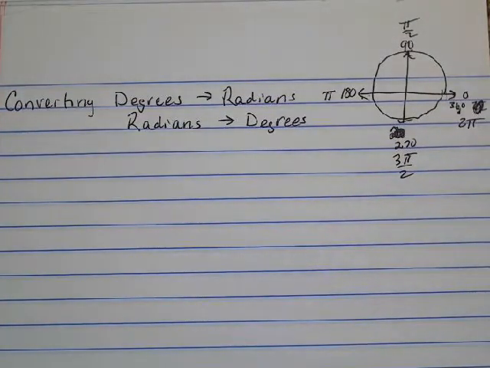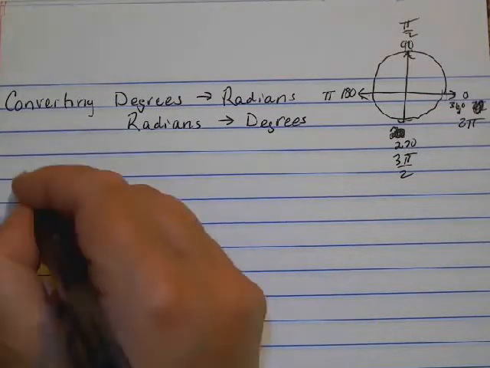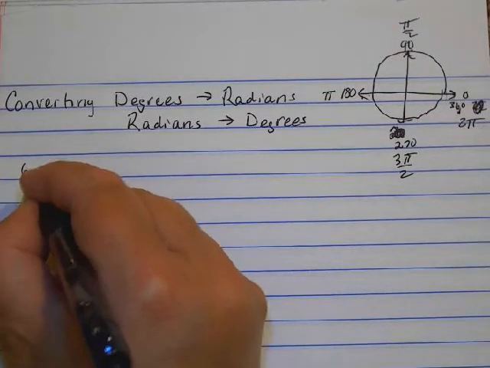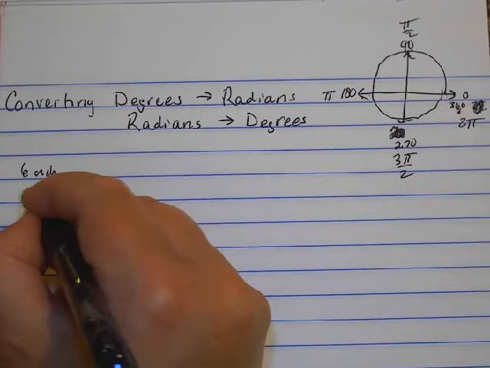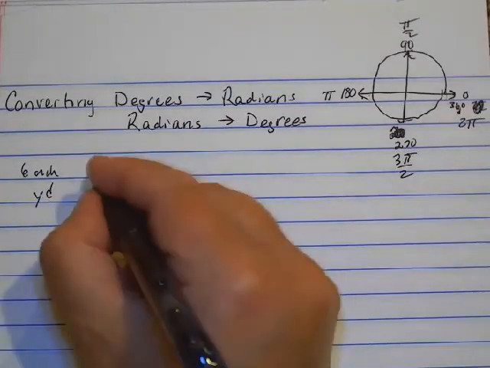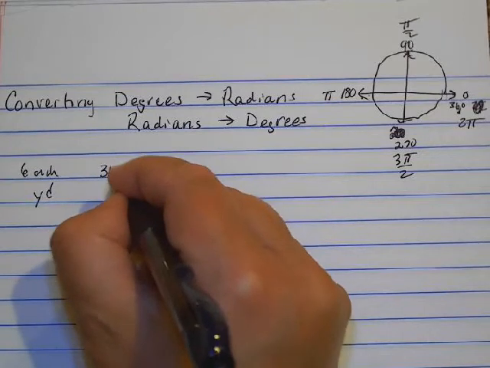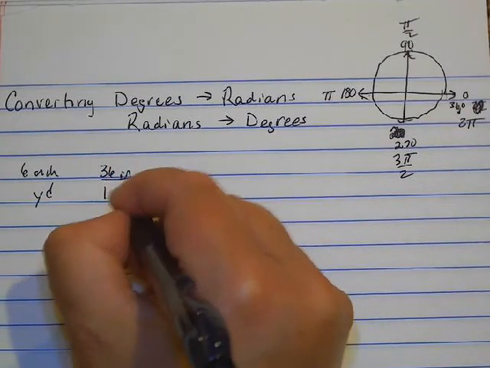So there are some conversions that we can use. And I typically just use the same one over and over. It's kind of like if I knew something was 6 inches and I wanted to know how many yards that was. I would have to use the conversion that there are 36 inches in 1 yard.